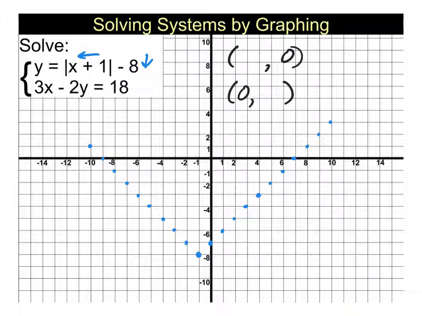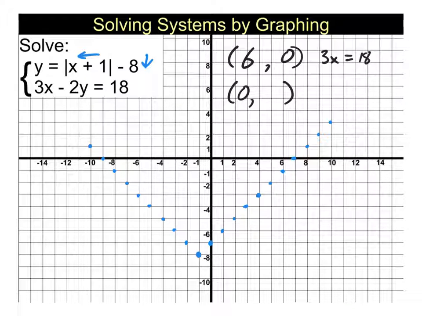All right, so like for that first one, where I'm going to try to figure out the point where the y is 0, I'm literally plugging 0 in for y, so it's going to be 3x minus 2 times 0. Well, 2 times 0, of course, is 0. So that just goes away, and so I'm left with 3x equals 18. Therefore, x equals 6. And we now know that point at 6, 0.